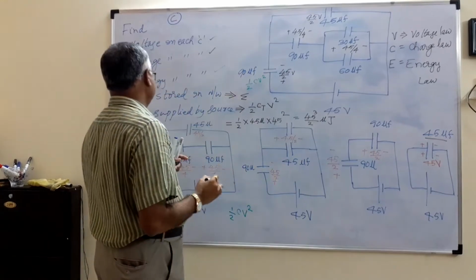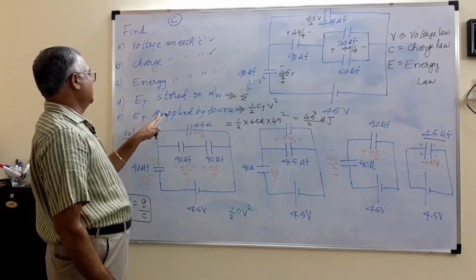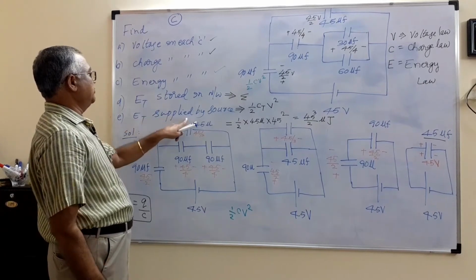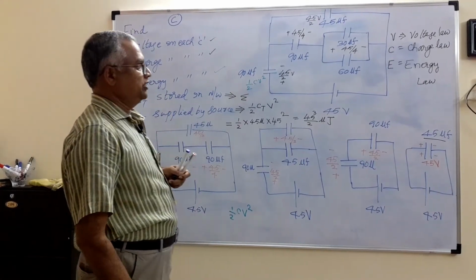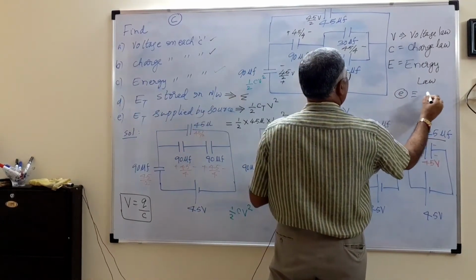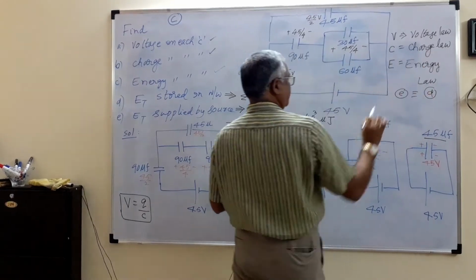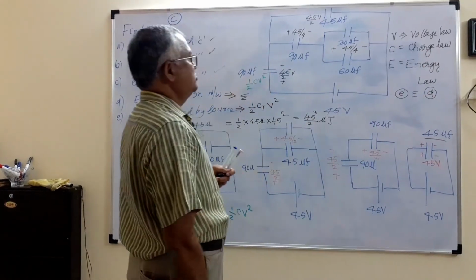How do you verify the energy law? The total energy supplied is equal to the total energy stored. That means the E answer should be equal to the D answer. If these two are equal, then the energy law is satisfied and the problem is solved correctly.